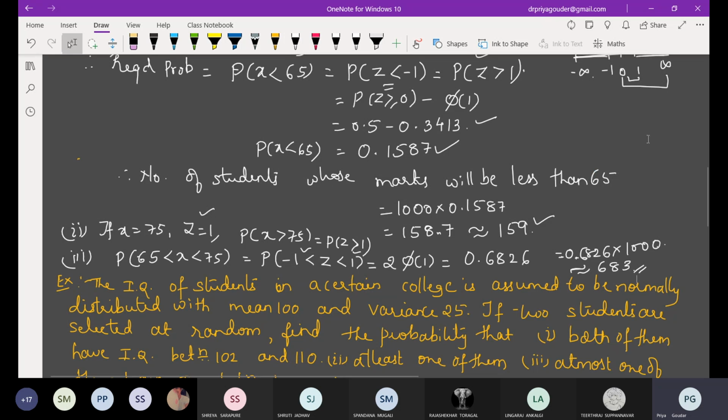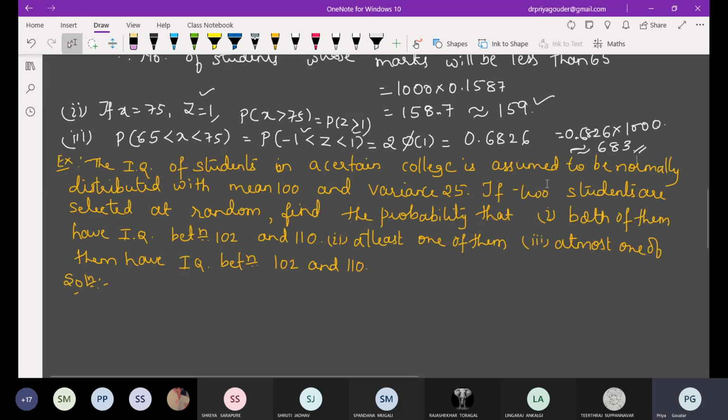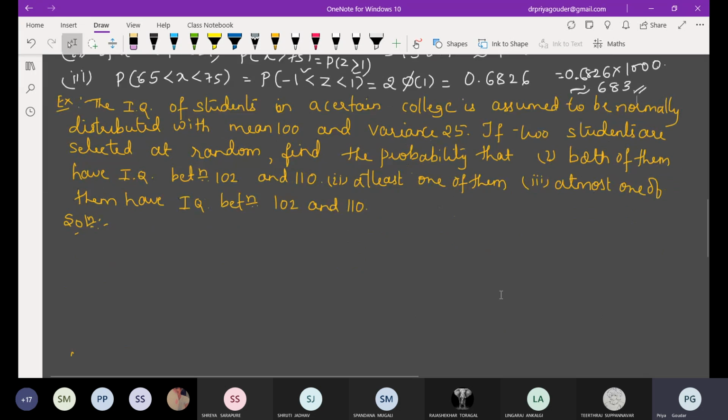I think we have solved one similar of this category. Okay, now take down. This is one from one more model question paper and a little different example. It has actually two distributions involved. Write down. The IQ of students in a certain college is assumed to be normally distributed with mean 100 and variance 25.